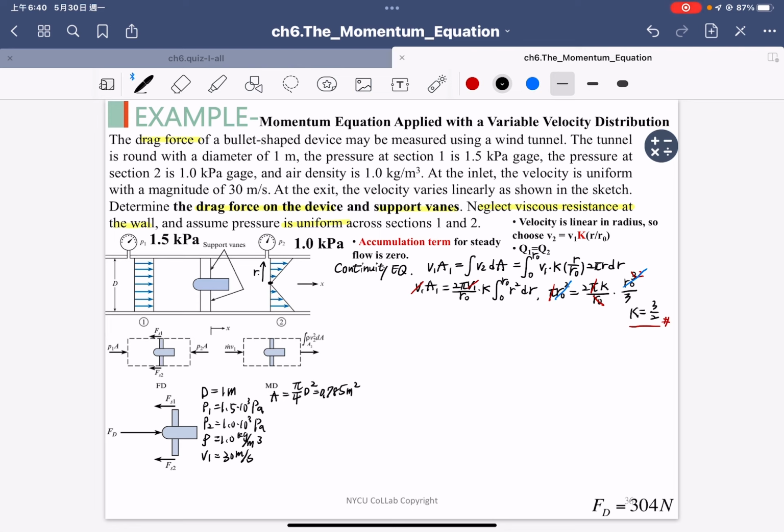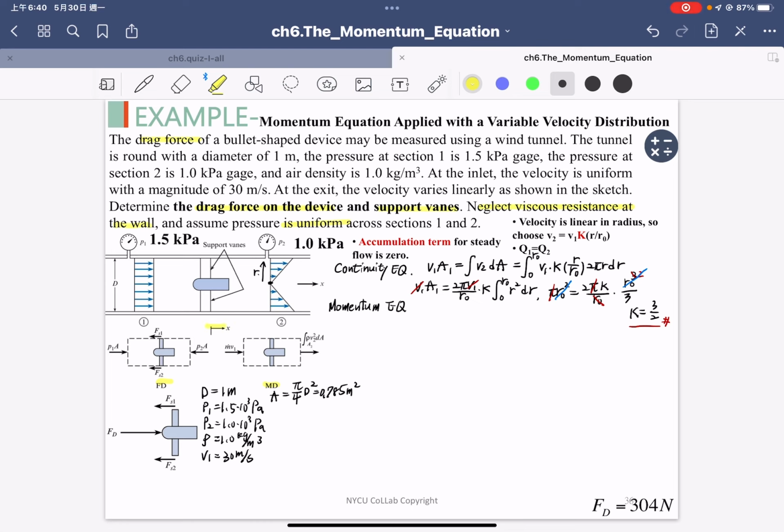So we go back to the momentum equation. The momentum equation can solve the problem: the sum of the external forces will equal the net momentum flow. So based on the force diagram here, and we have a momentum diagram, and our problem is only along the x direction.